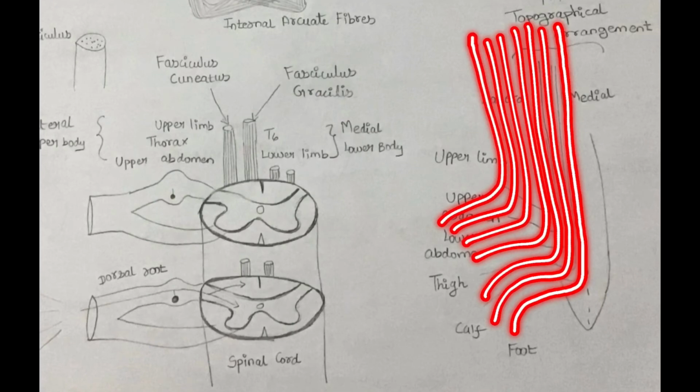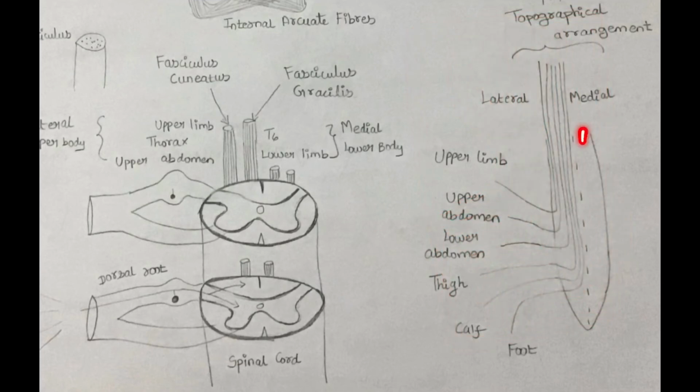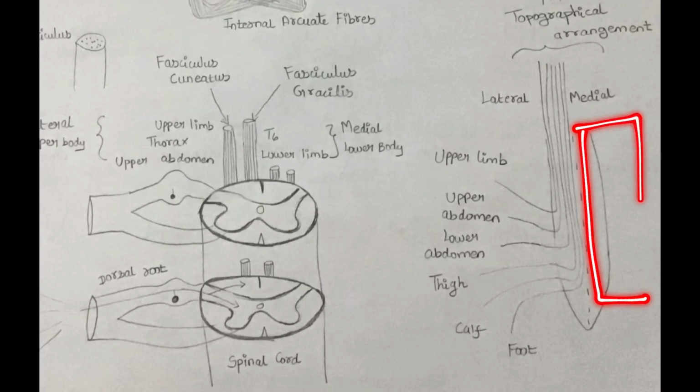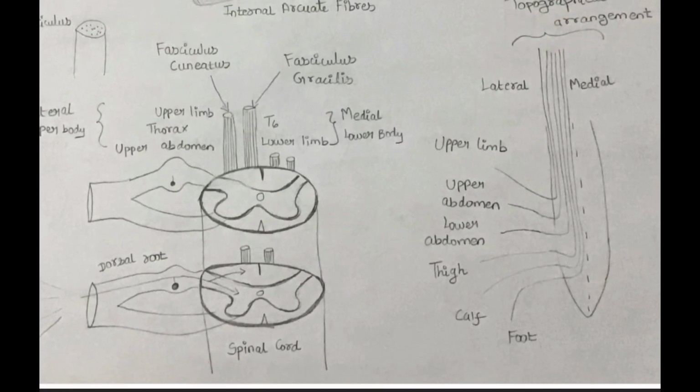You can see clearly here that the sensory nerve fibers from the lower part of the body are on the medial side of the spinal cord, and from the upper part of the body are on the lateral side of the spinal cord. So this is one side. The same goes on the other side. This kind of arrangement we call topographical arrangement in the dorsal column of the spinal cord.